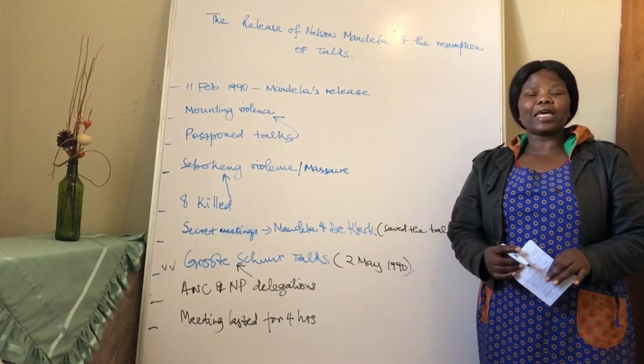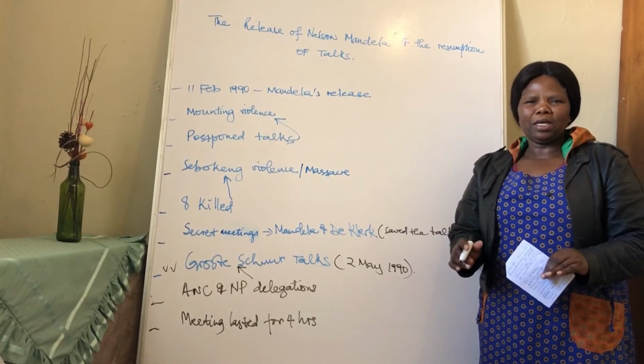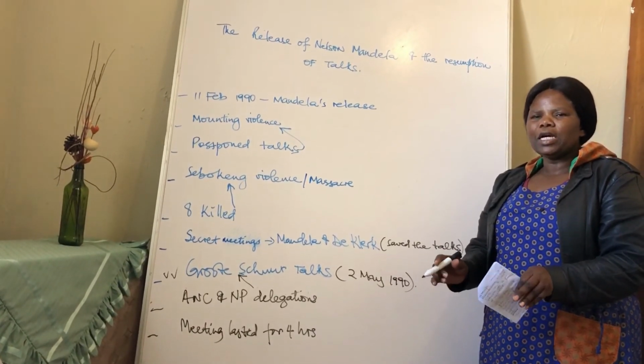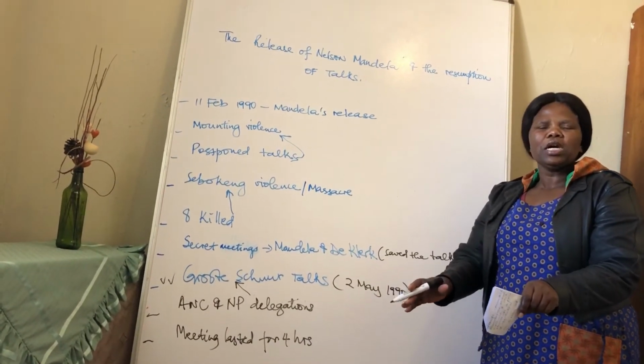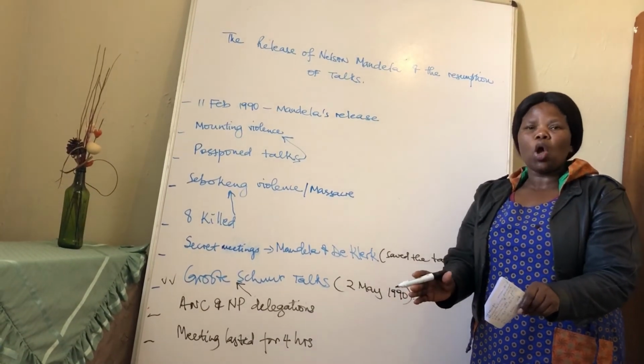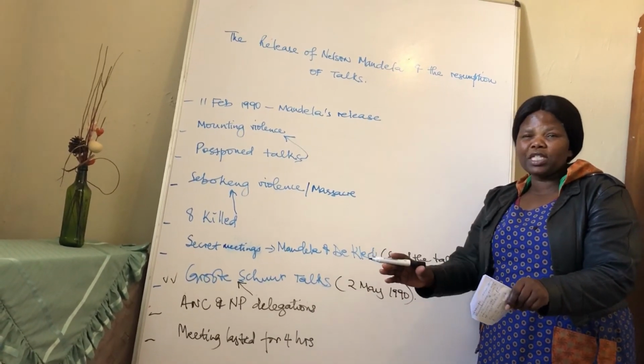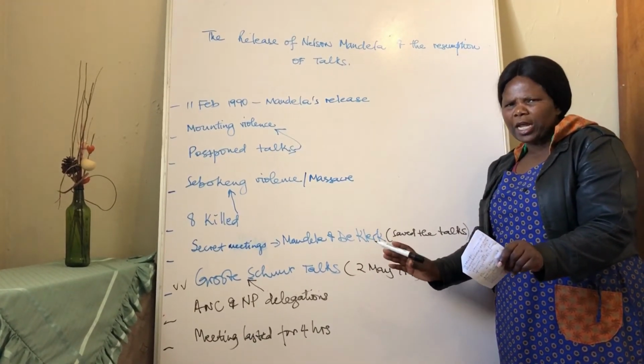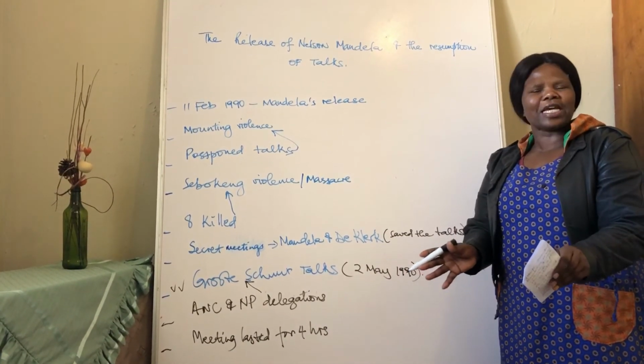Let me emphasize again that in this essay, there's nothing important other than you saying there was this kind of meeting, mentioning the name of the meeting, which in this case is the Grooteskill meeting. And when was the meeting? Your dates are important here. 2nd May 1990. And who were represented in that meeting?